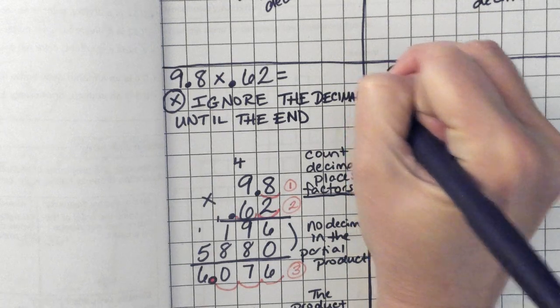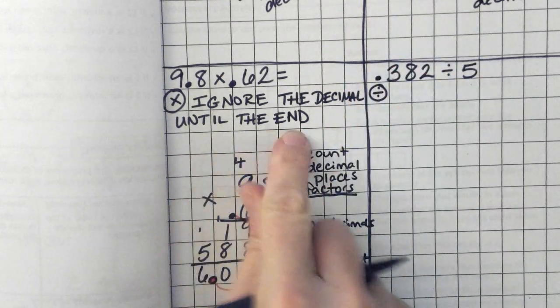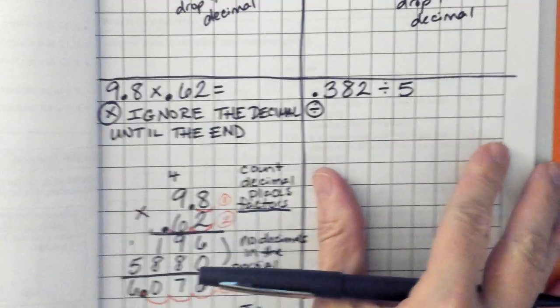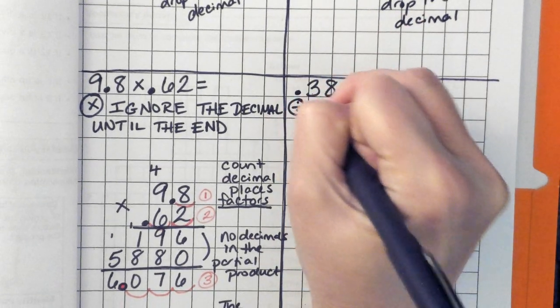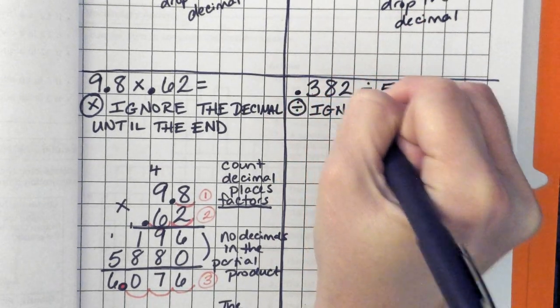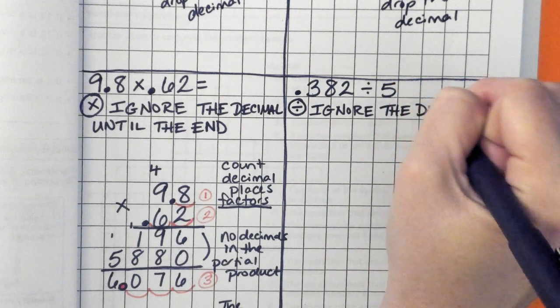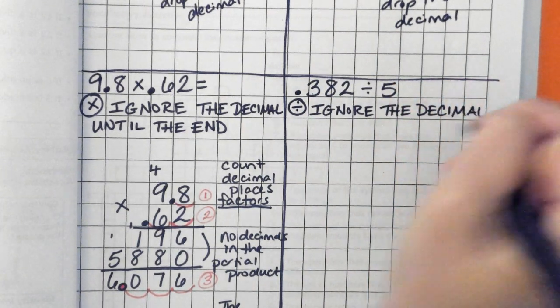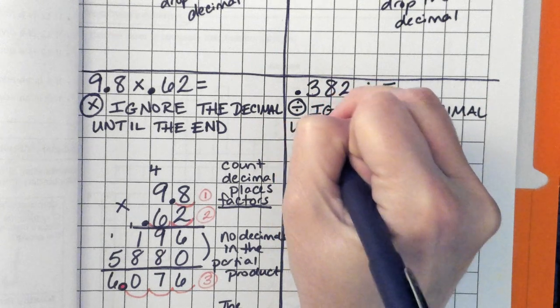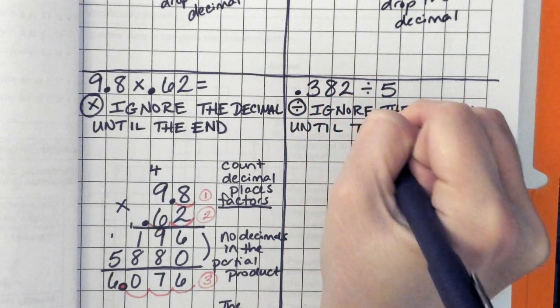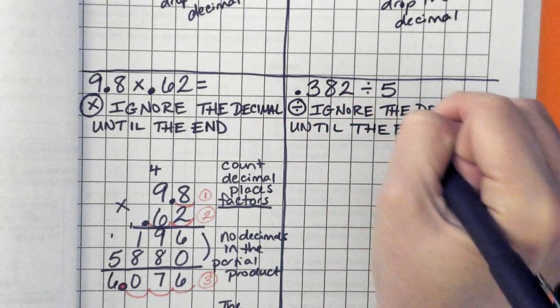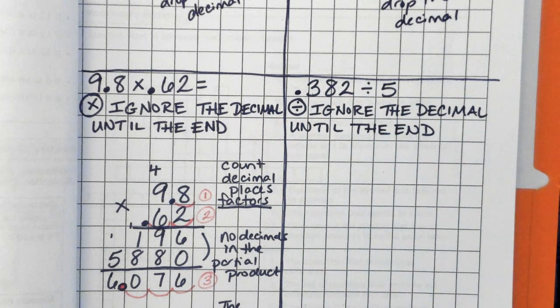With division, and this is why I liked writing it this way, you are also going to ignore the decimal until the end. That's how division and multiplication are the same.